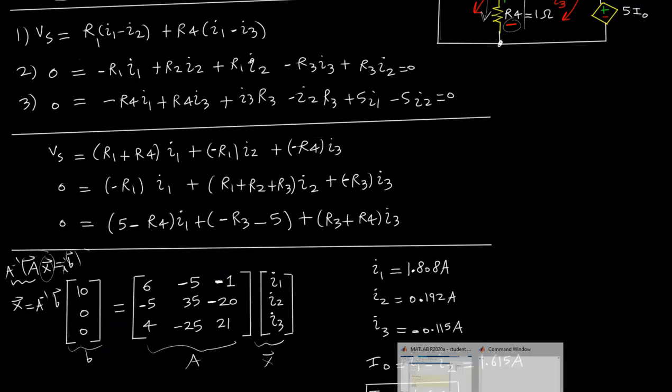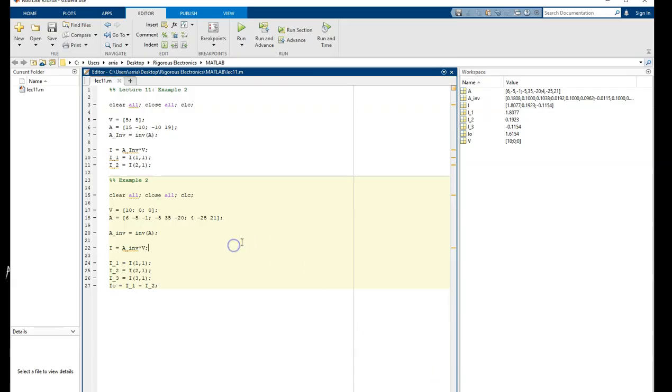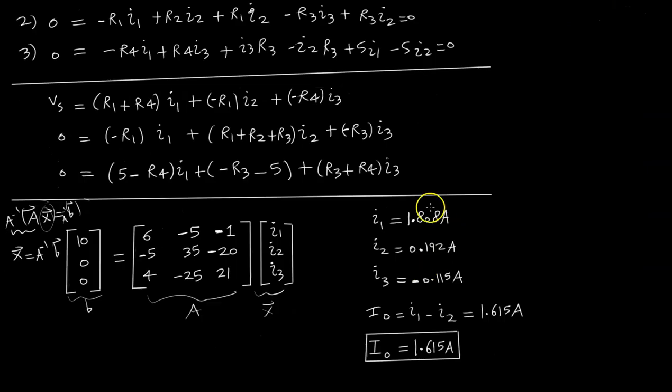When I do that in MATLAB with a simple script, you can see all the values, I1, I2, I3, and I've written those down. You can see IO, which is the difference between I1 and I2, is 1.615. If I go back here, you can see that's what I've written down.